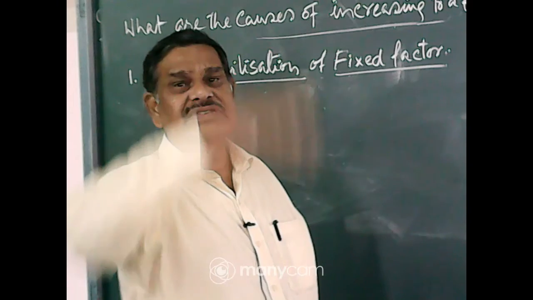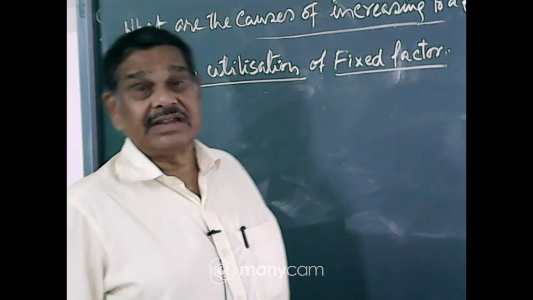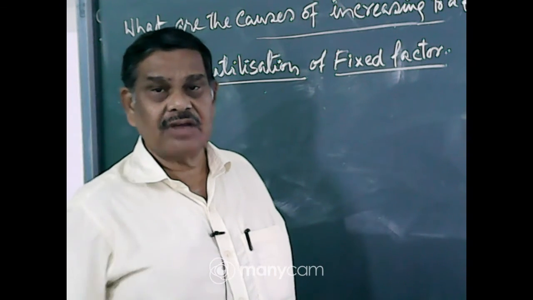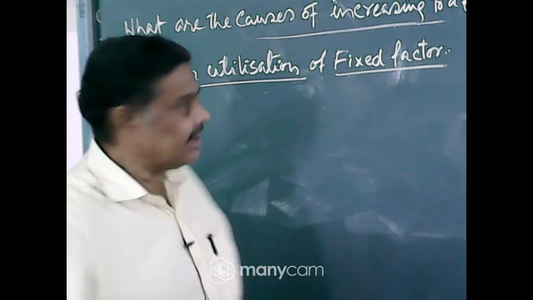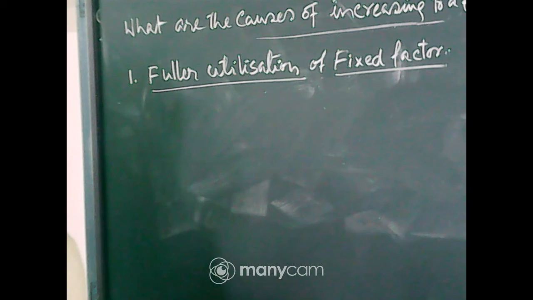If these rooms can be utilized, that is, full utilization of this building can be done, then production will increase. So it is the cause of increasing returns to a factor. Am I clear or not? You are not following at all.